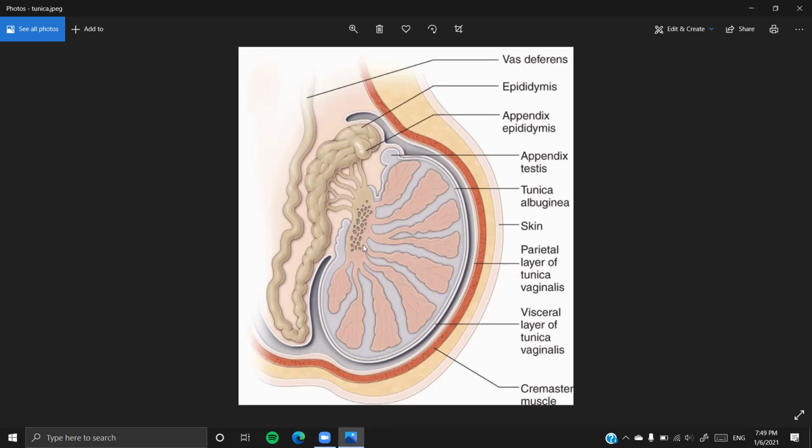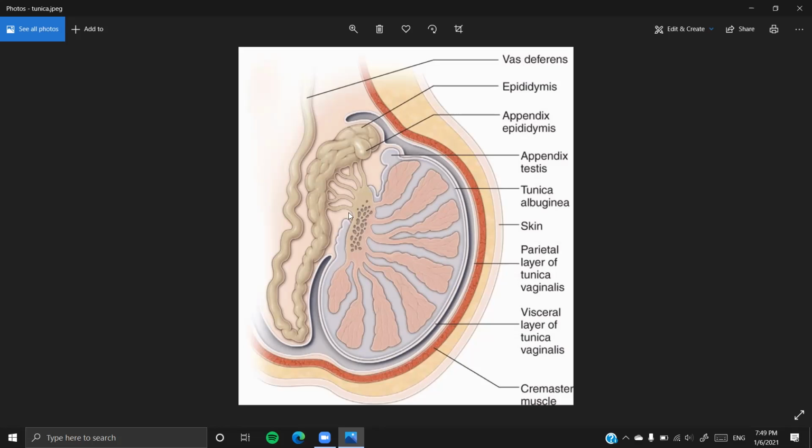The straight tubules of all these seminiferous tubules from the different lobules join together to form the rete testis, and they give rise to tubules called, sorry, the vasa efferentia. These vasa efferentia go along and enter into the structure called the epididymis.